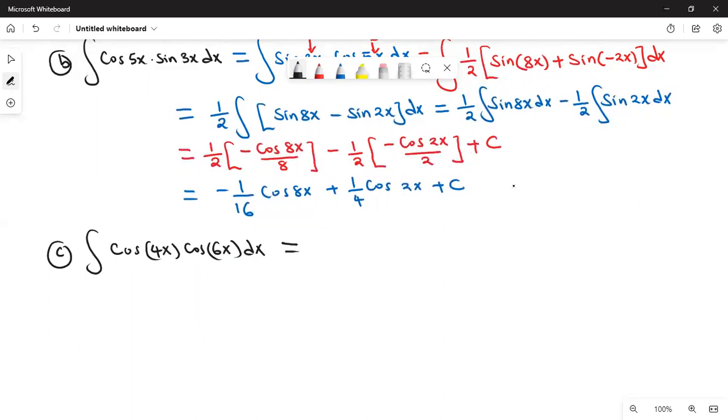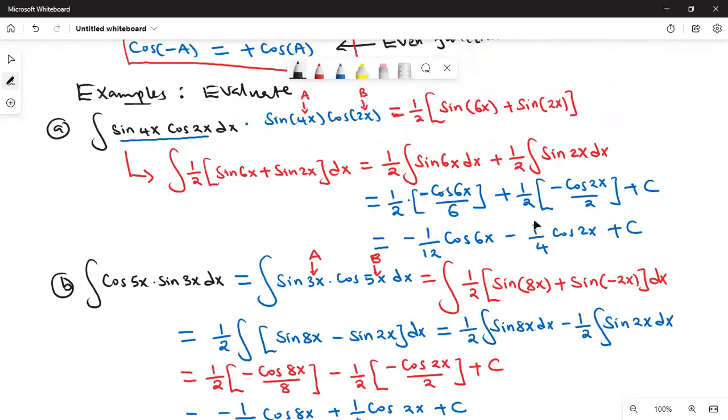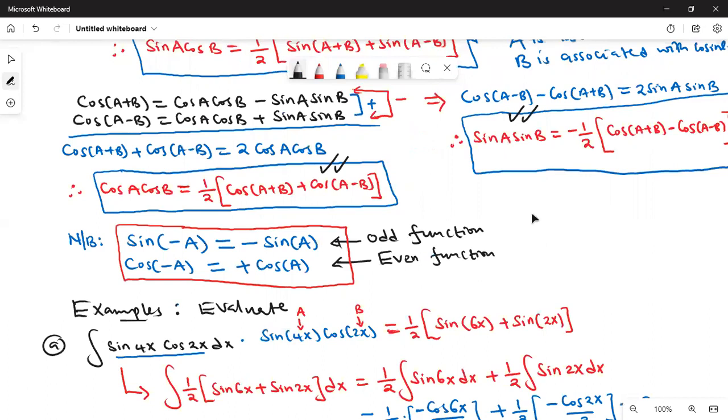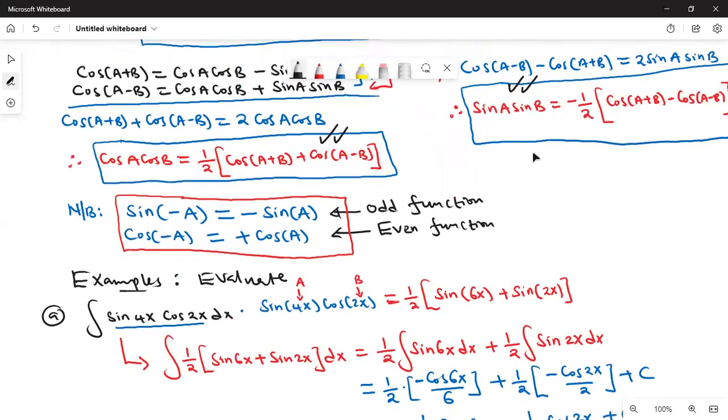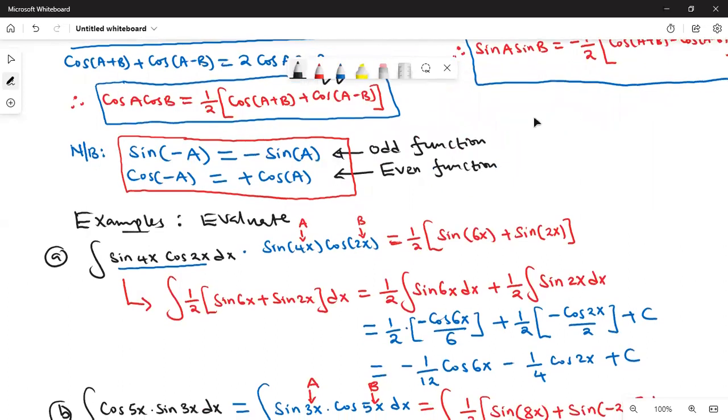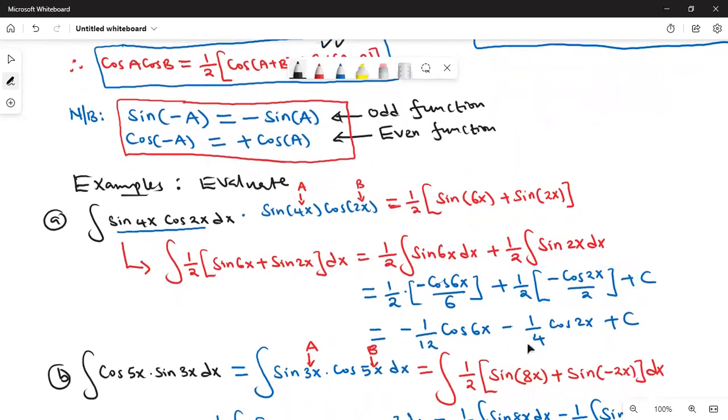Look at cos A times cos B. We go back to our identity where we have a product of cosines, and we found that it is the same as 1 over 2 cosine of the sum plus cosine of the difference.